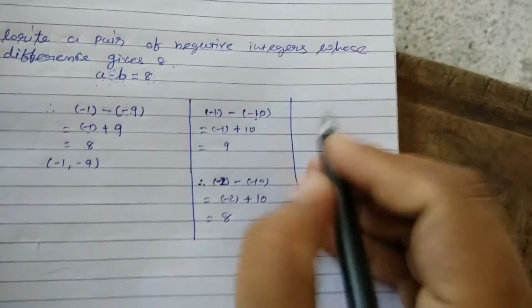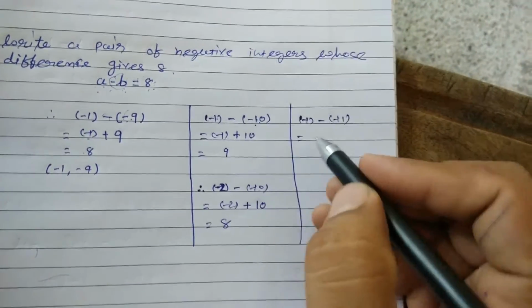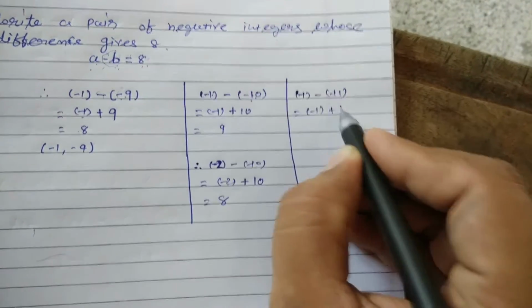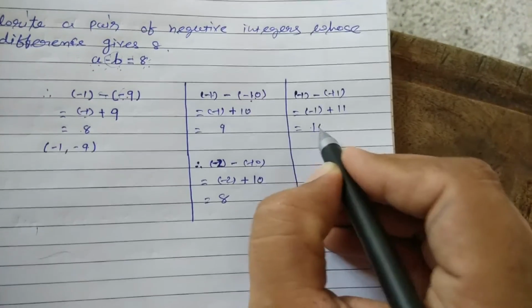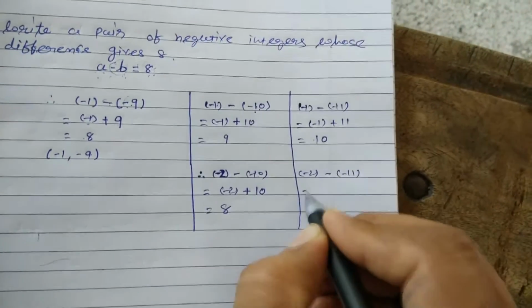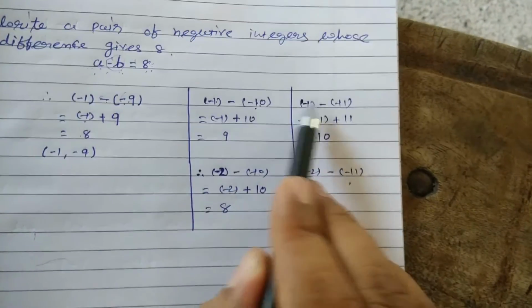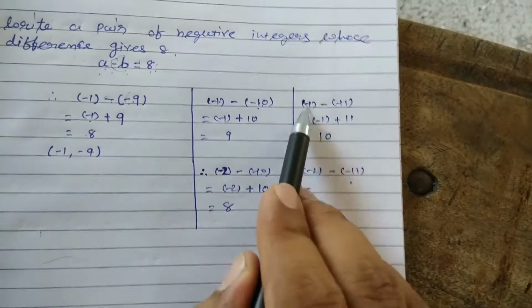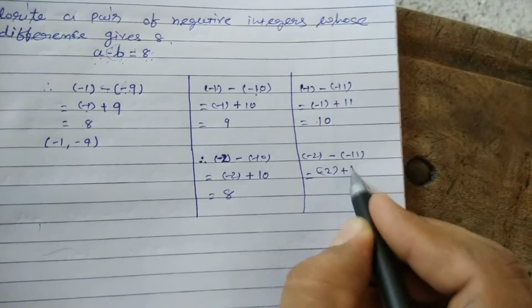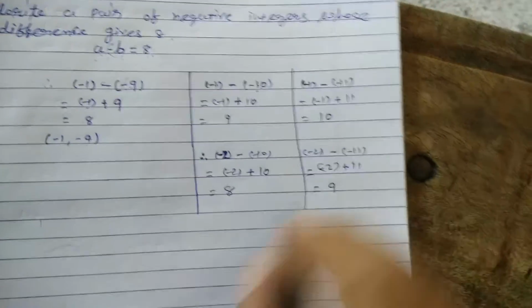Same way for -11: -1 minus -11 is equal to -1 plus 11, which is equal to 10. Then -2 minus -11, here we are considering -11 and changing the other negative integers: -2 plus 11 is equal to 9.